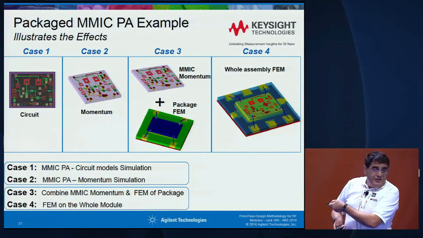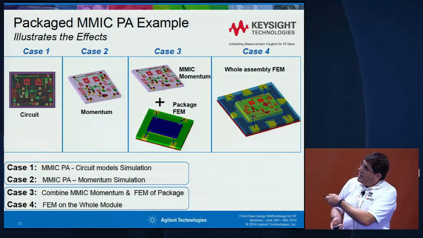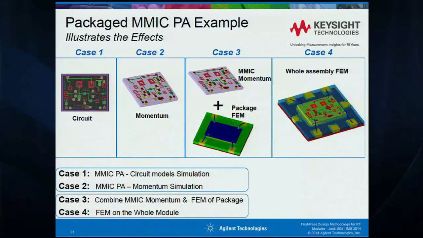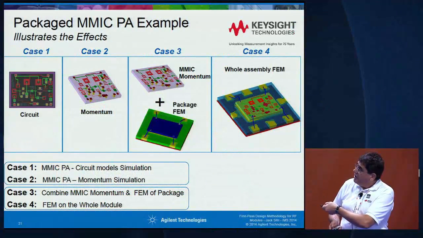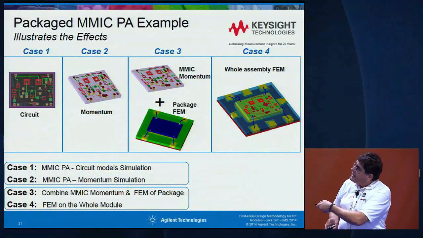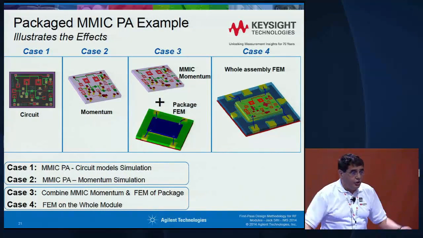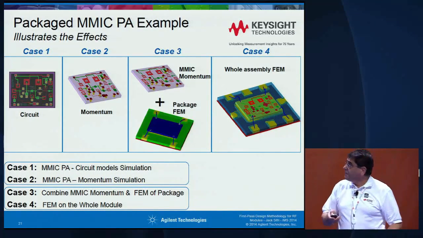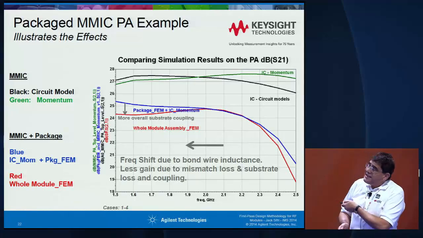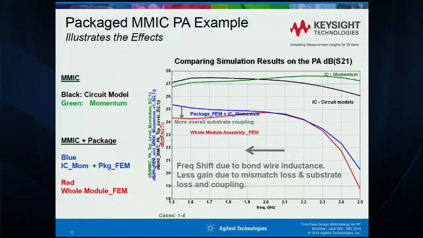Notice I shared the results here before. In case number 3, I took that MMIC Momentum simulation and I combined it with the package 3D FEM simulation. And in case number 4, I simulated the whole structure using FEM simulation. Notice the effect. I showed you these results before.